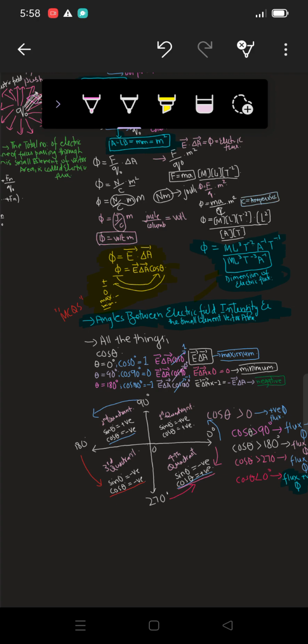In today's video we are going to calculate the electric flux due to a point charge which is placed at the center of a circle.